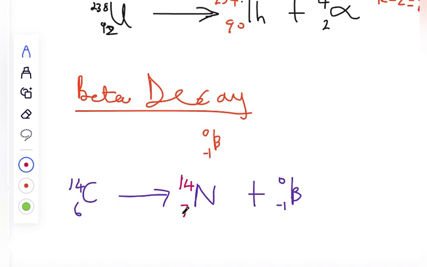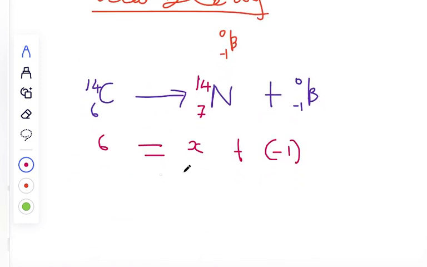You know why? If I write it as an equation, 6 equals x, where x is the number we don't know, plus the minus 1 in brackets. If this is an equation, what will x be? To find x, you bring this one to the right. It's negative here, so when it comes across it becomes positive.